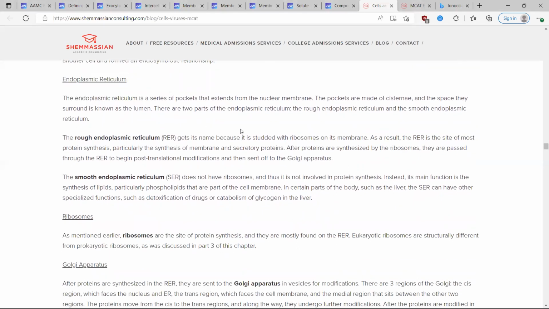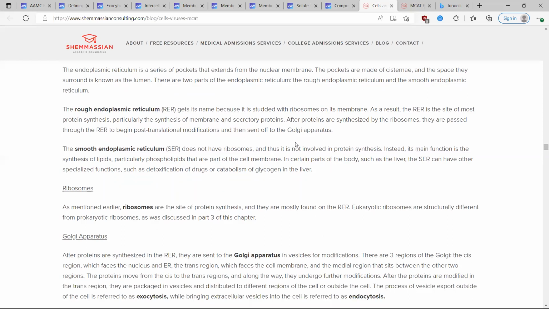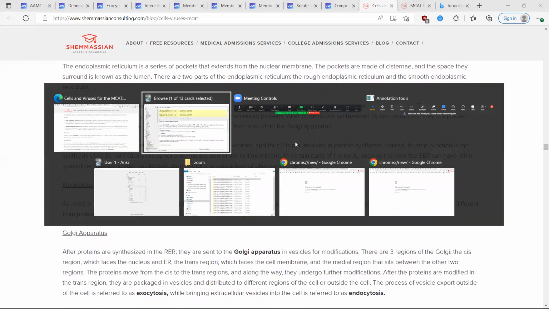The ER, the endoplasmic reticulum. We have the rough endoplasmic reticulum. Again, it's got ribosomes on it, so there's a lot of protein synthesis happening there. After proteins are synthesized by the ribosomes, they are passed through the rough endoplasmic reticulum to begin post-translational modifications and then sent off to the Golgi apparatus. That's what I showed you before.